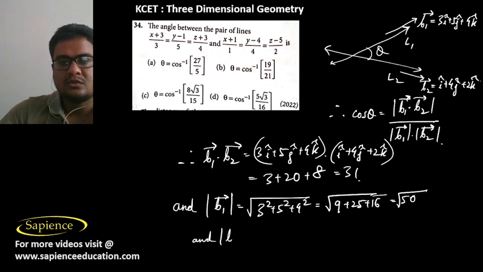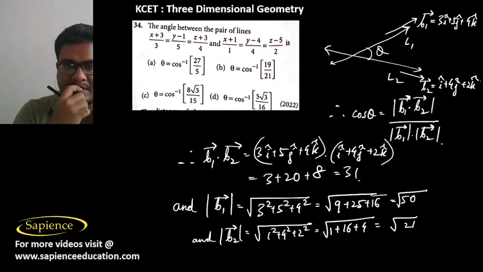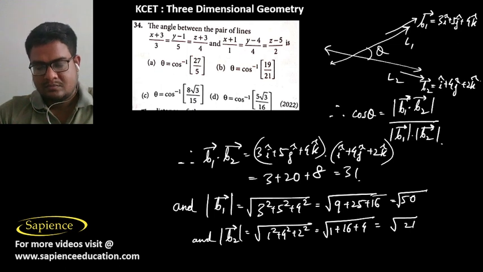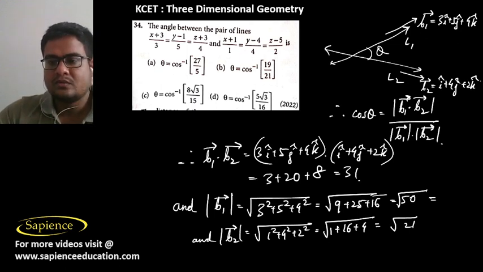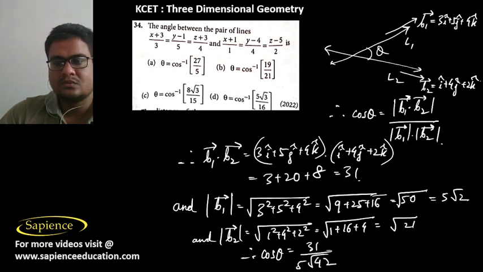The magnitude of b2 vector is square root of 1 square plus 4 square plus 2 square, that is square root of 1 plus 16 plus 4, root over 21. And root over 50 is 5 root 2. So cos theta will be 31 by 5 root 42.